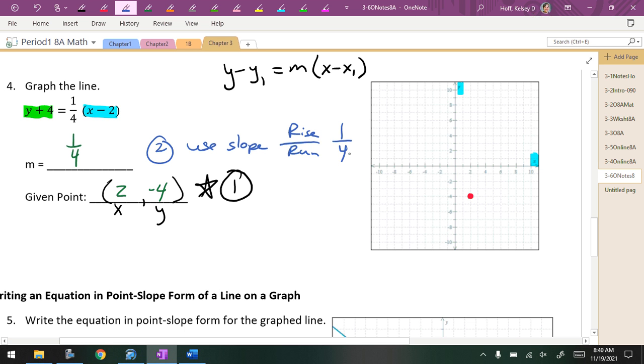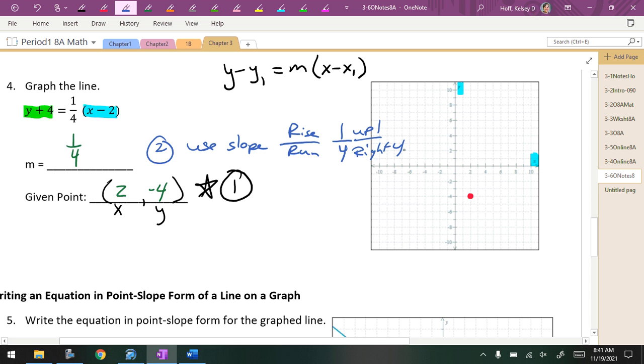So what do my directions tell me to do? Up. What's your slope tell you to do? Up 1 and right 4. Don't shout random things.